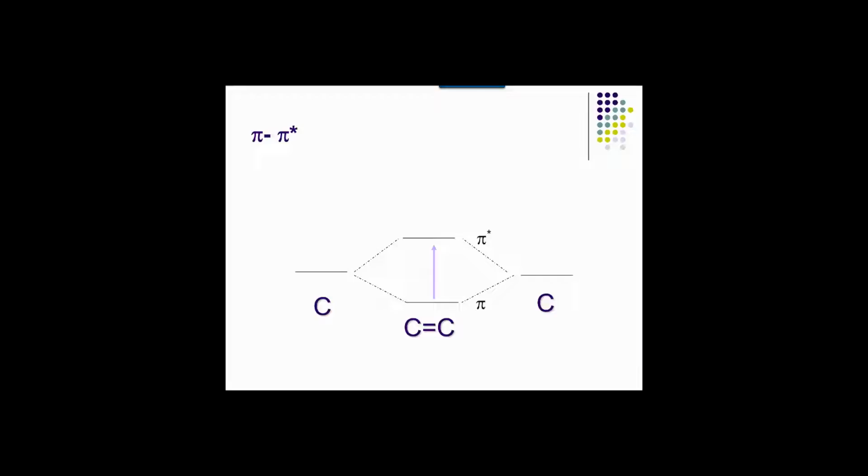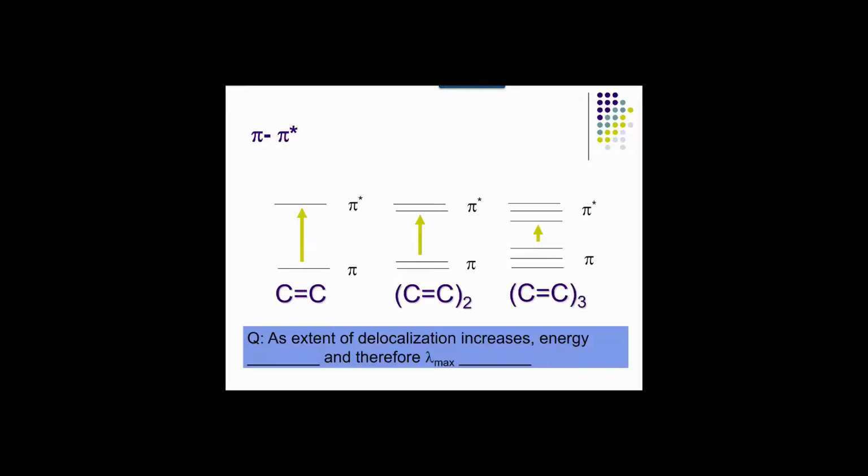Well, let's consider what happens if we add more and more carbon atoms into the system. As we do so, the energy gap between the pi and the pi star orbitals begins to decrease, because we have more pi and pi star orbitals, contributing more and more of these carbon-carbon double bonds to creating these molecular orbitals.